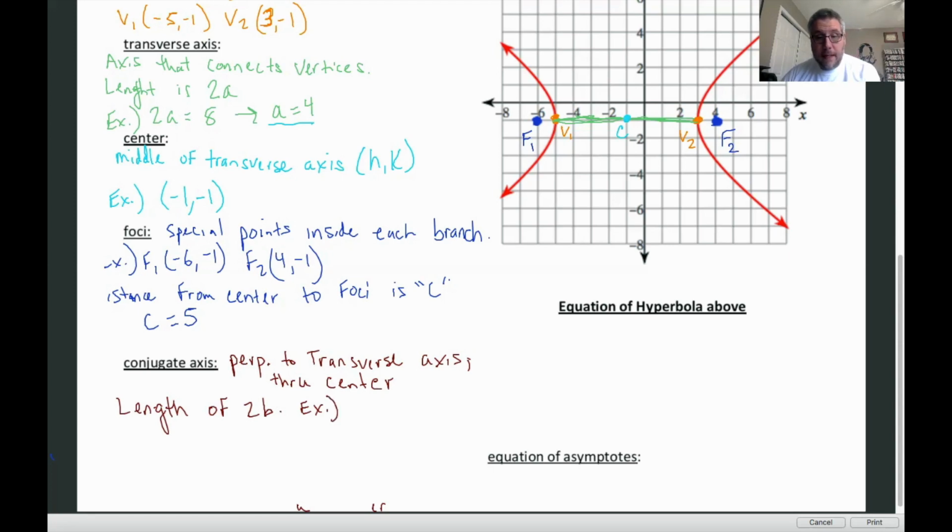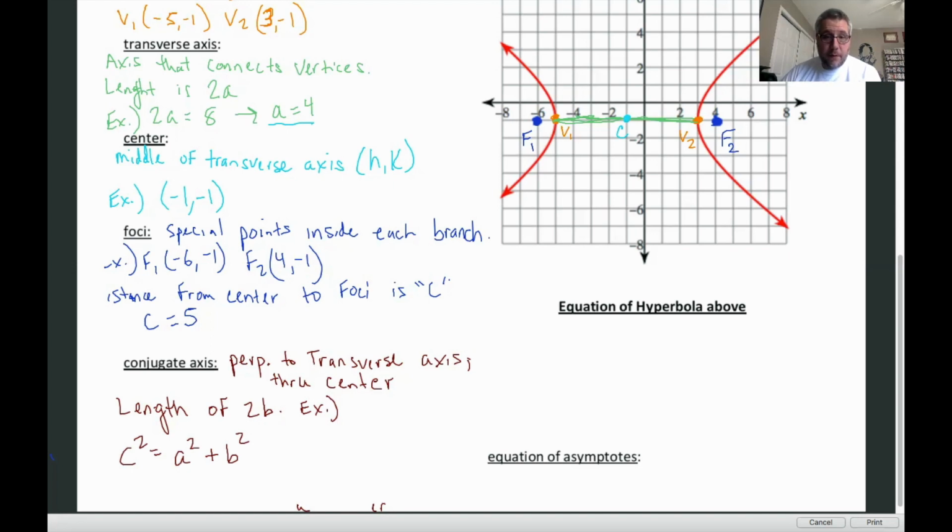In this example, how do we know what 2b is? We'll get to it in just a second. The formula that relates a, b, and c for the hyperbola is c squared equals a squared plus b squared. It's different than the ellipse; the ellipse was minus in the middle. The hyperbola is plus.